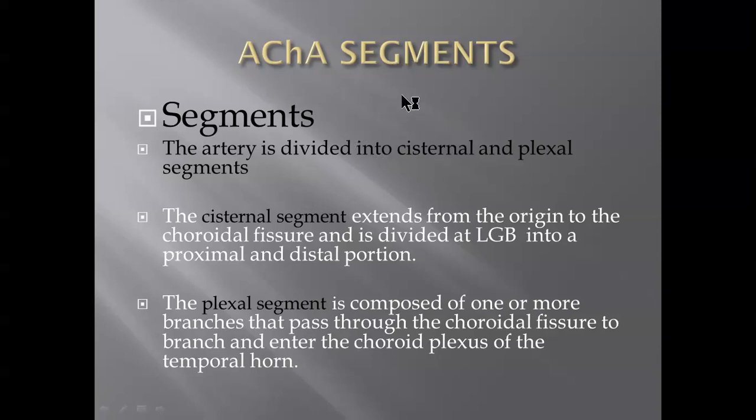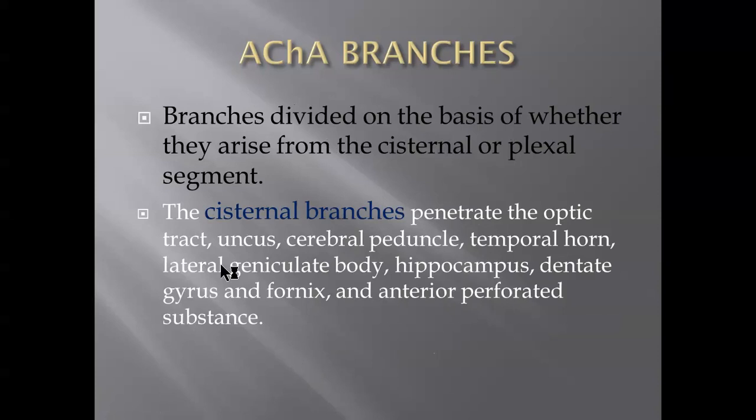Again, the anterior choroidal artery segments: the cisternal segment runs from the origin till the lateral geniculate body, and the plexal segment goes through the choroidal fissure to the choroid plexus of the temporal horn, that is the lateral horn. The anterior choroidal artery also gives a few branches.